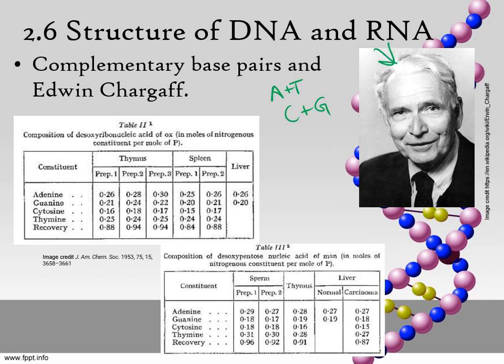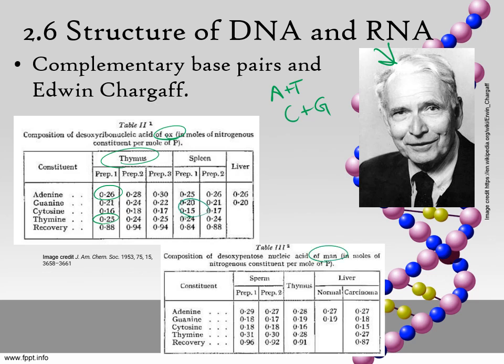This super guy, Edwin Chargaff, helped us figure this out. He took lots and lots of tissues from lots and lots of animals and then did some analysis. He figured out that in the thymus of an ox, most of the time we had fairly equal numbers of adenine and thymine, and fairly equal numbers, again not perfectly equal but pretty close, of cytosine and guanine.